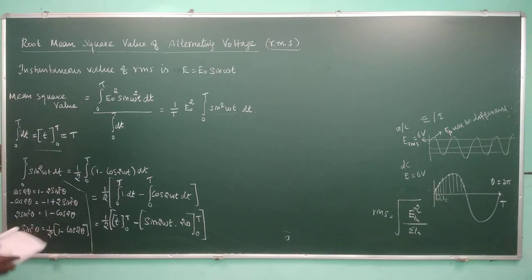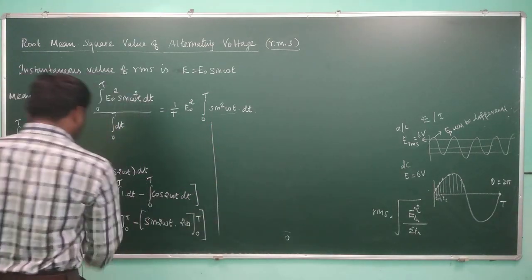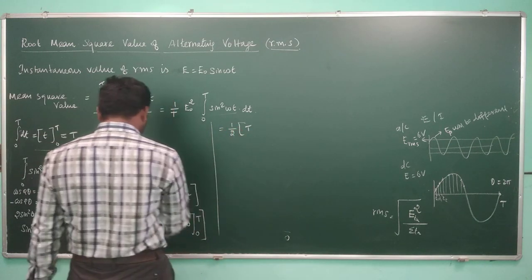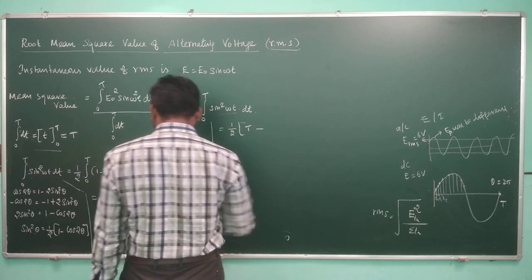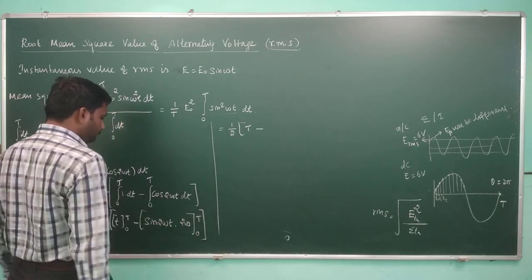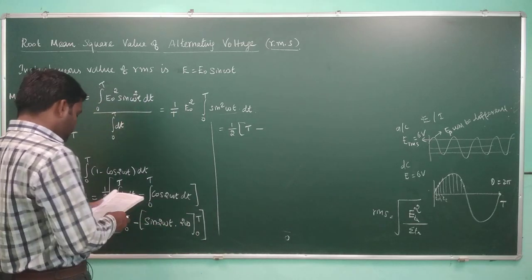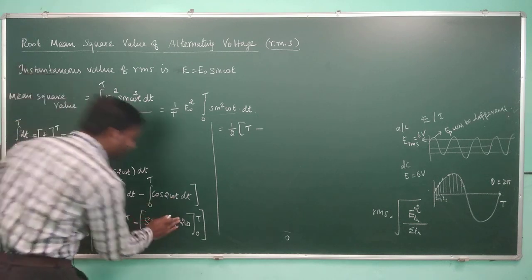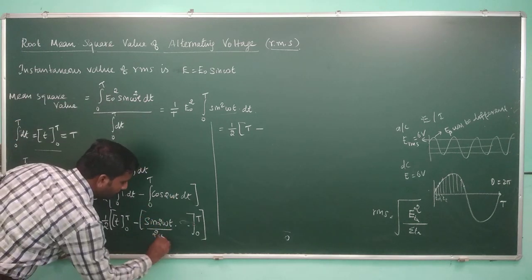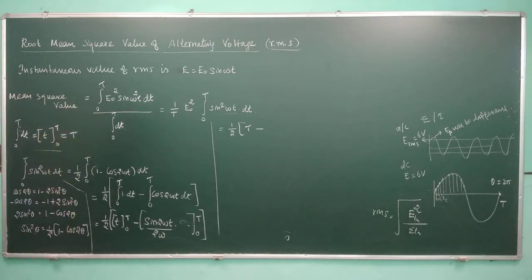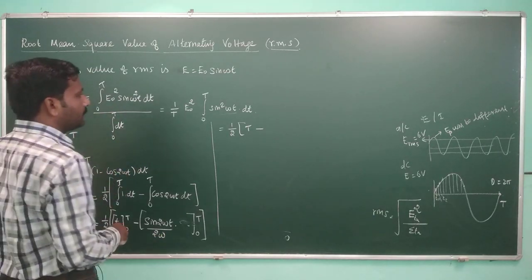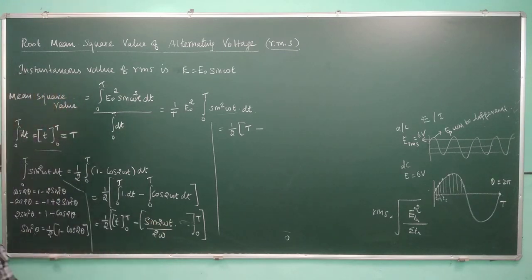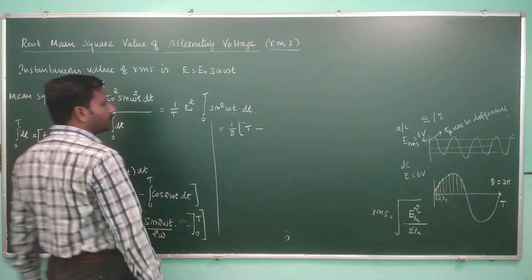Now it becomes 1 by 2, this side becomes T, and here minus. In differentiation you write the 2 omega in the numerator, but in integration you have to put this 2 omega in the denominator, right? Fine.